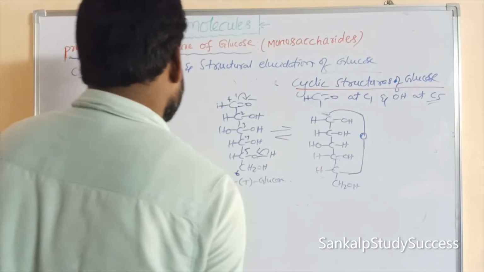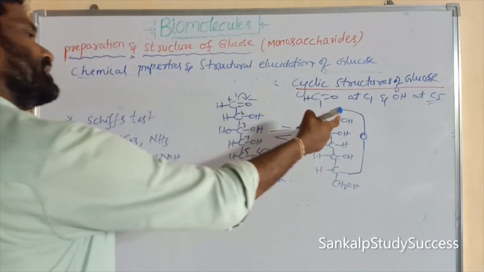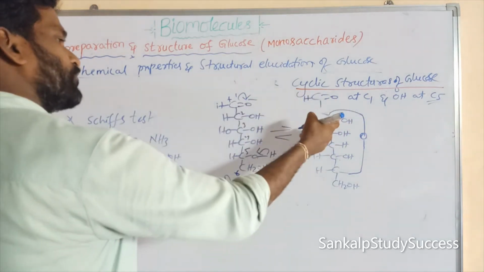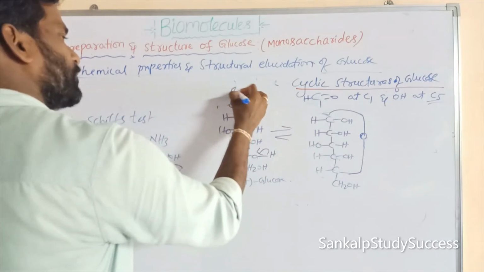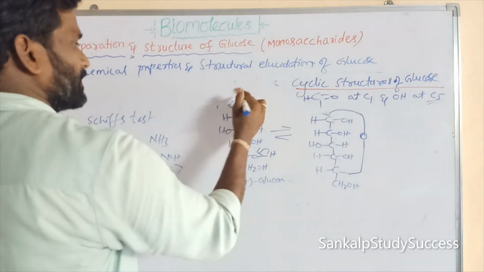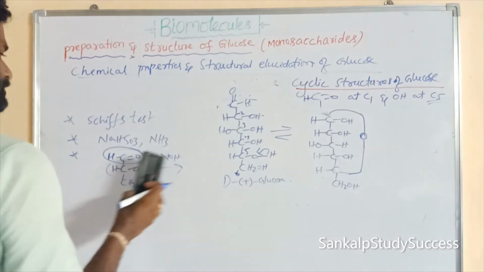All right. Similarly, here OH may be present on the left side or right side. The C double bond O is present above the plane, and the OH produced from this carbonyl group may be present on either the right side or the left side, right. So two possibilities are there.